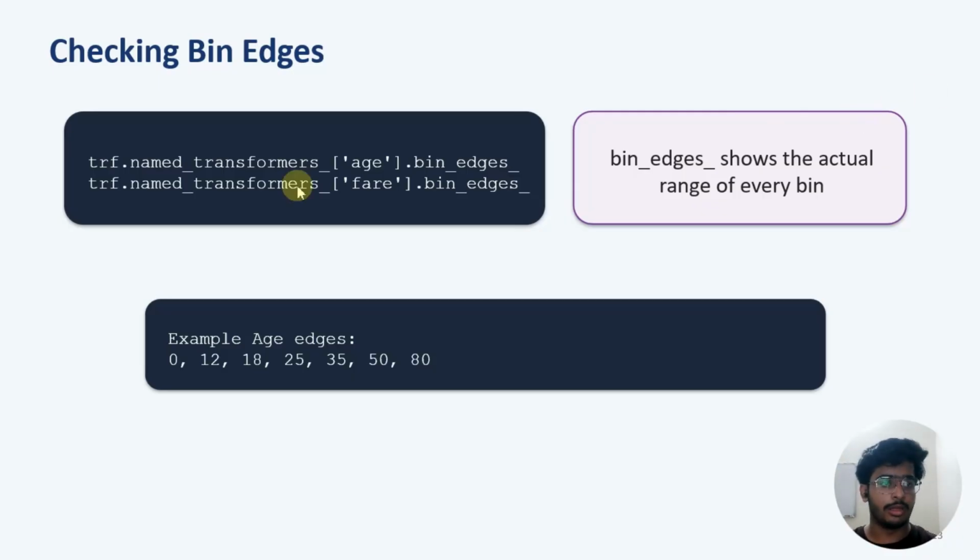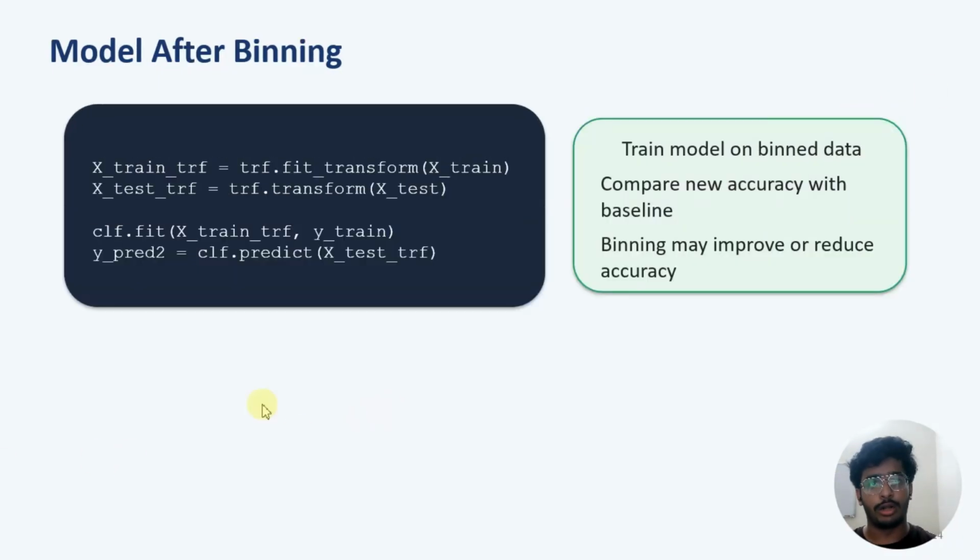Okay, moving on to the next slide, model after binning. Now we train the model after binning. We train the decision tree model again, but this time we will be using the transformed bin data.